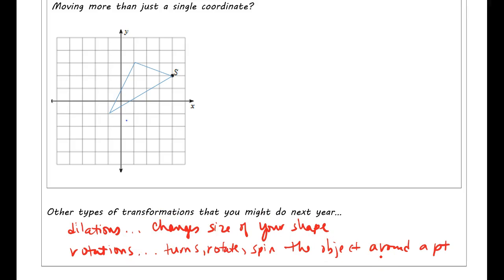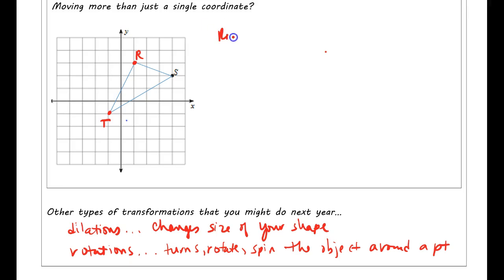All right, so moving more than just a single coordinate. So let's pretend that you know this point, and I'm going to go ahead and label these. Pretend that I had labeled them on your sheet. Let's call this T, this R, and this S, and let's do a reflection.